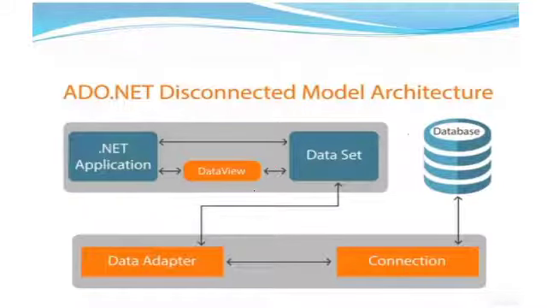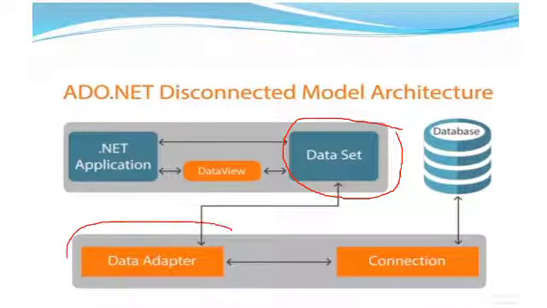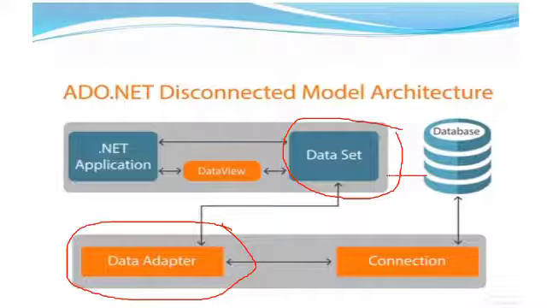Data view is there, dataset is there. Who will be responsible for the transaction between the main database and the dataset? This one is your main application. This is an XML format of the table or data, and in between it is just like a database.